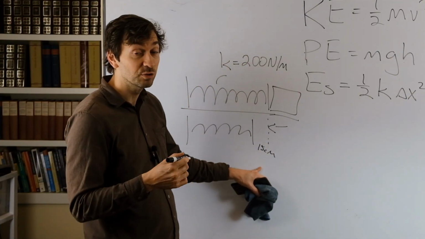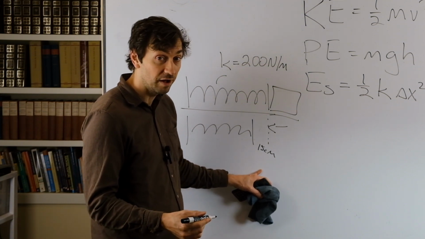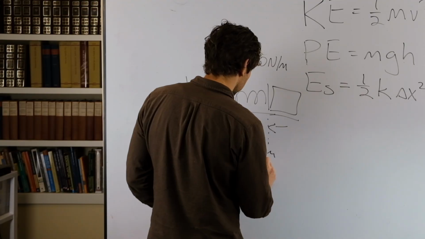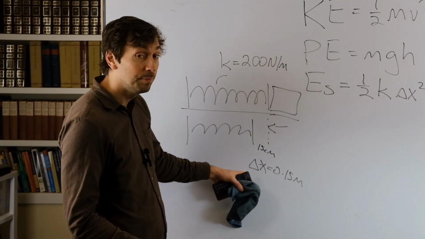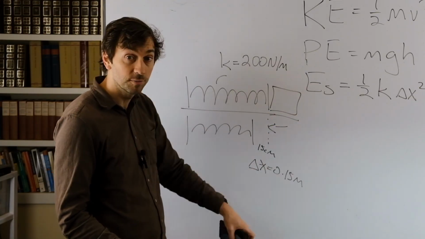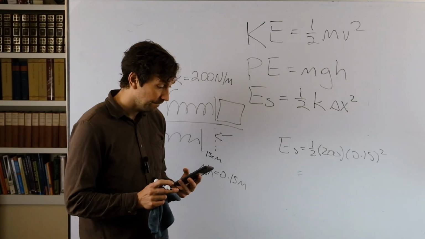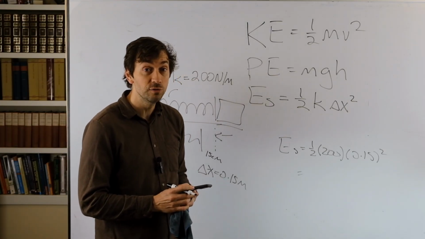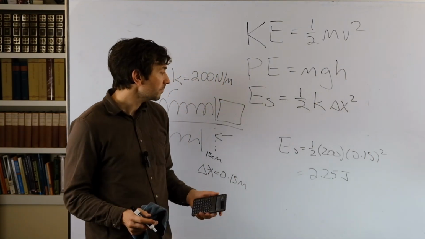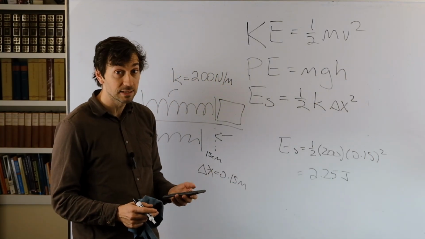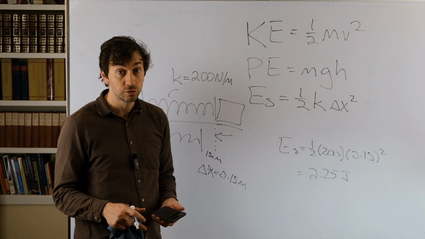So delta X will be 15 centimeters. I need to write that in meters, so 0.15 meters. So to calculate the spring energy, I'm going to put these numbers into that formula. 2.25 joules. So that is quite a bit less than the amount of energy that was in the first two examples. Just 2 joules, 2 and a bit joules.